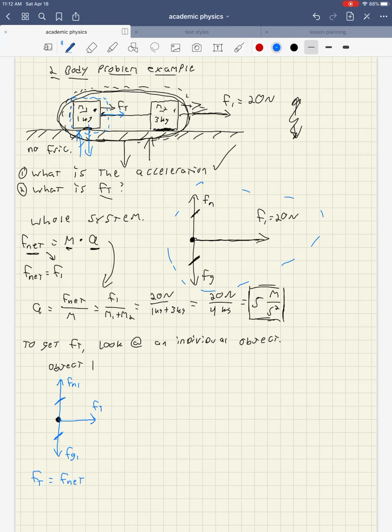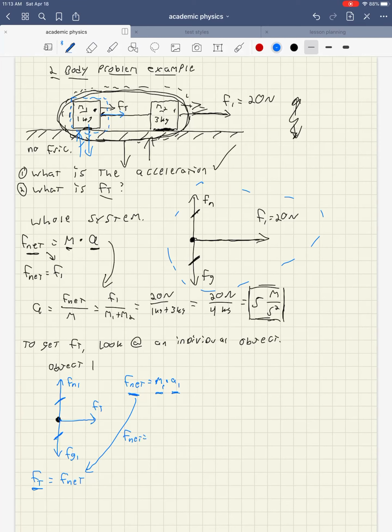And remember Newton's second law, F net is mass times acceleration. Well, I already know what the mass is, I know what the acceleration is, so that means I can figure out what my net force is. And if I know my net force, well, that's my force of tension. So let's do that quick.